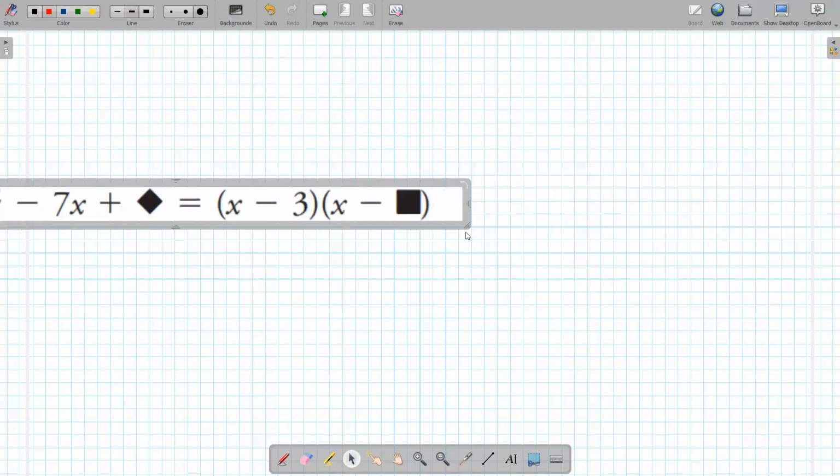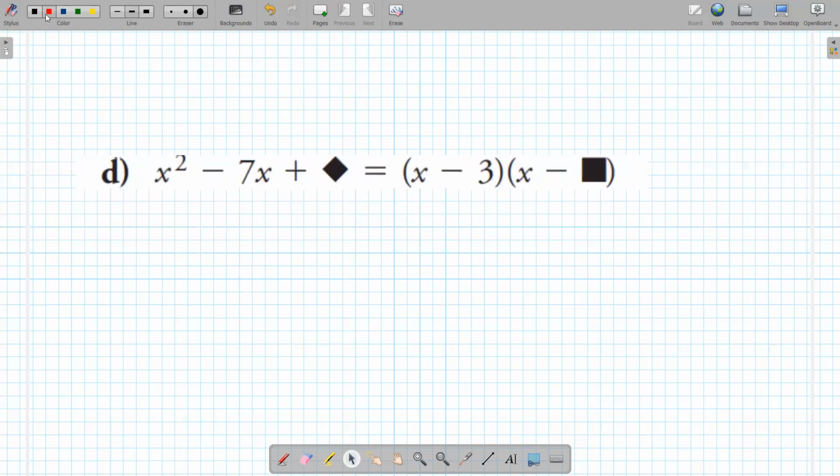Here, it adds to negative 7. We know one of the numbers is negative 3. What's the other number? Negative 4. Yeah. What do they multiply to? What's the C value? Positive 12.